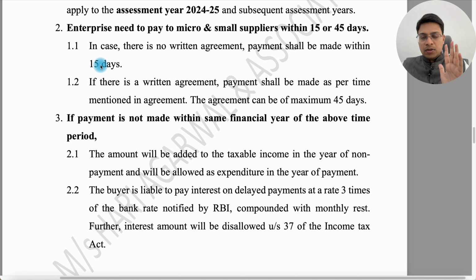The new point which we are here to discuss is about income tax. Now Income Tax Act says that whether you are making the payment to your supplier within the due date of MSMED Act or not is not my concern, provided you make the payment at least within that financial year. So in our current example, the due date as per the MSMED Act was 15th January 2024.